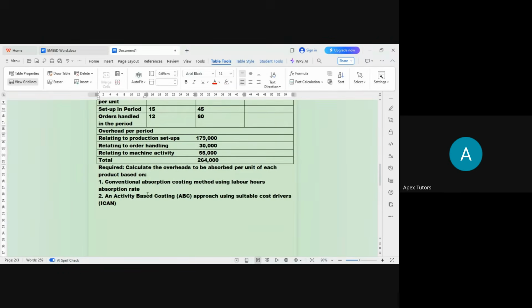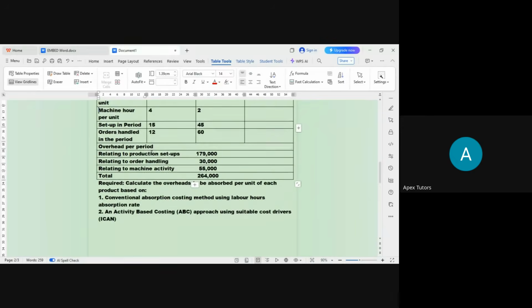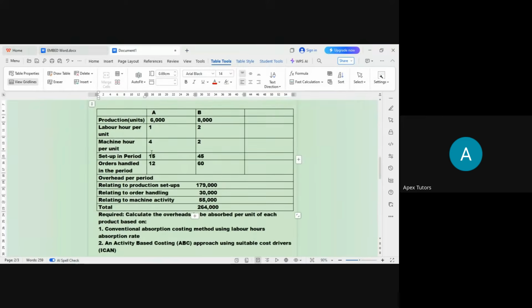It has been clearly stated in the first part that we should use labor hours. In this other part, somebody might say it's not stated that we should use the machine hour. But in the overhead per period relating to machine activity, we are going to use the machine for the activity-based costing.